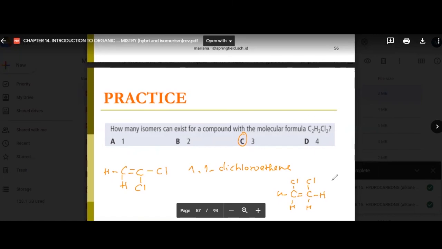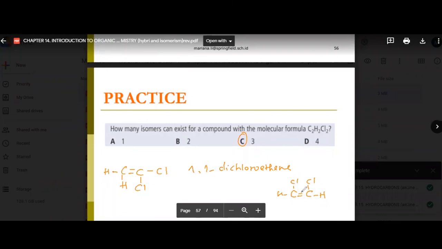Sometimes you stop here, so you will assume there are only 2 isomers. But actually, it should be like this. Too many bonds just now. Okay, 1, 2, 3, 4, each carbon has four bonds.